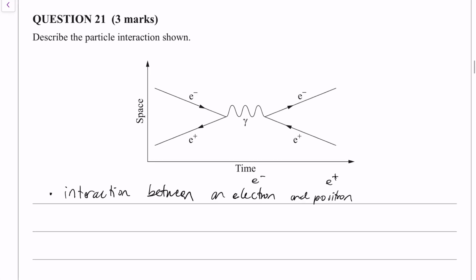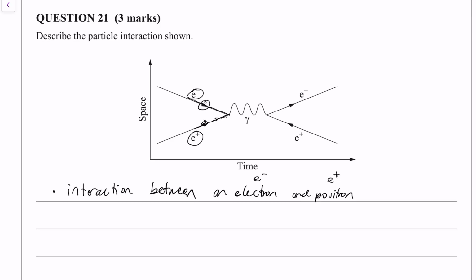Okay, so we know from Feynman diagram principles, this is also on the PDF, that positive charge particles in a space-time diagram, their arrows go in the opposite direction. So what the positrons are actually doing is they're moving from left to right. Okay, and with the electrons, which are negatively charged, the arrows just go in the same direction. And so what happens here is that they interact. They meet at a specific point, right? So that's your first mark, very simple.